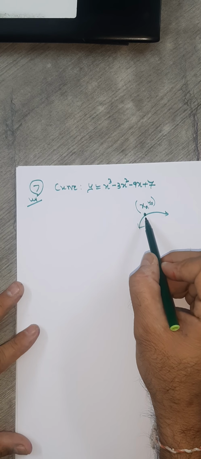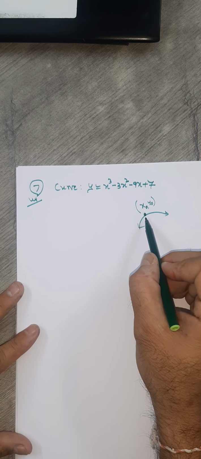Just I have placed x equals to minus 1 here, so I'll get the y, which is y0. So what we'll get here? Minus 1, this is minus 3, this plus 9 plus 7. So we'll get 12 from this. The one point of contact x0, y0 you can write is minus 1, 12.